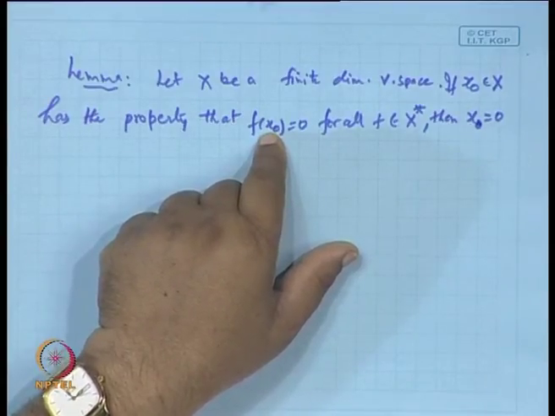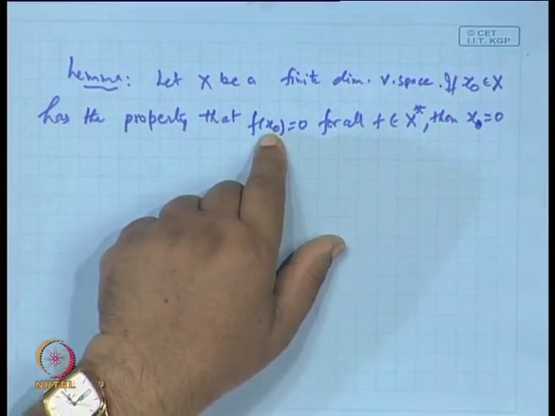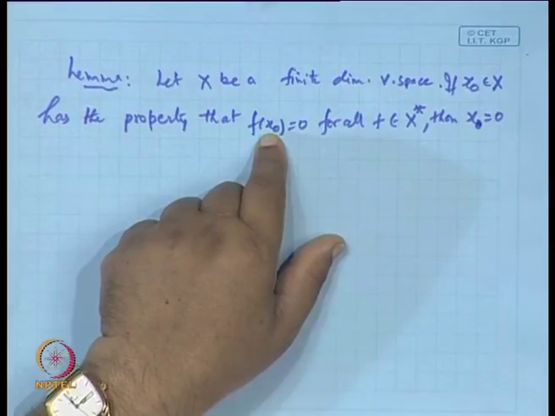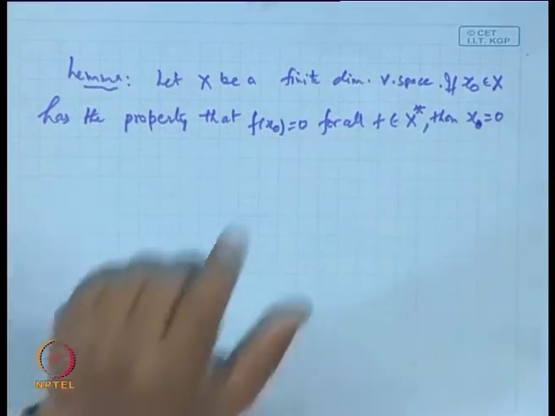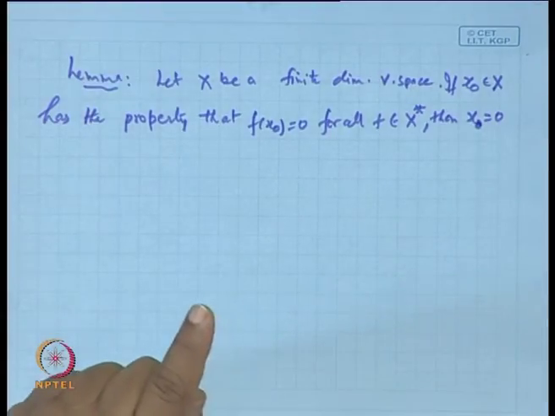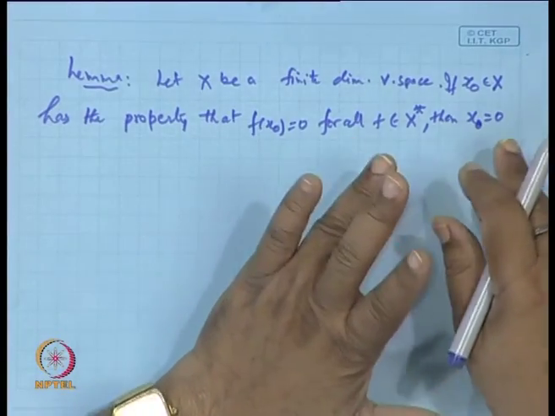It is not possible. The only possibility is that if f is a 0 functional, then the image of any element will be 0, but here x is fixed, the point is fixed. We are choosing the images under different f. So, there is a possibility that a few images may go to 0, but if it is 0 for all such f, it means the point x naught has to be 0. So, that is the result.